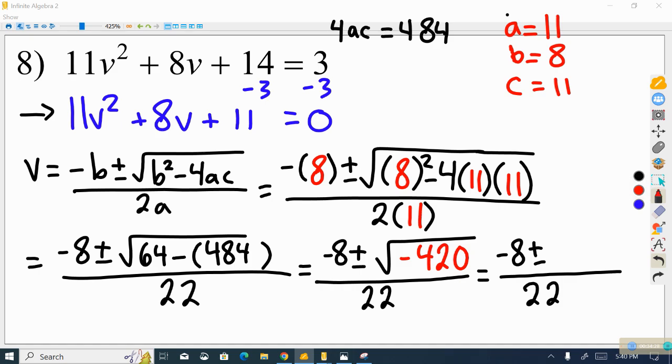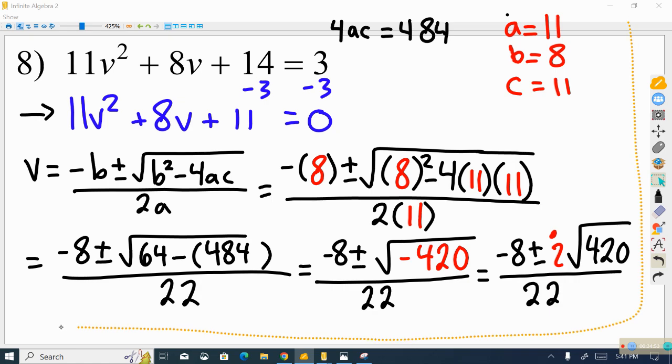What we could do is pull out the imaginary number I and then change this value to now a positive 420, all right, square root of 420. And so now that's how you get rid of the negative inside the square root, is you'll have to account for that by using the imaginary number I. So we're going to go break the rest of that number down, square root of 420.